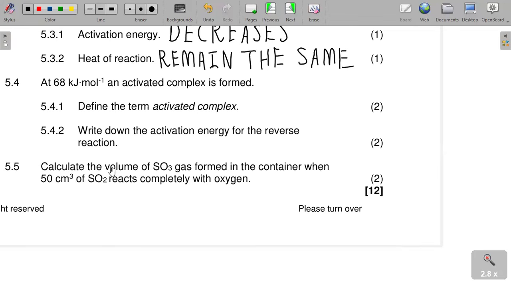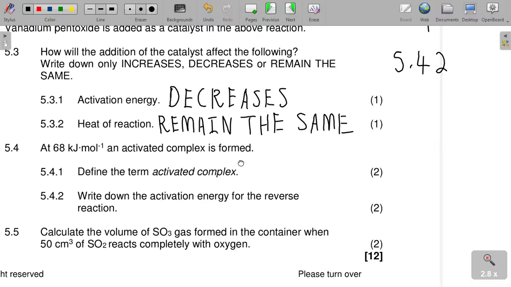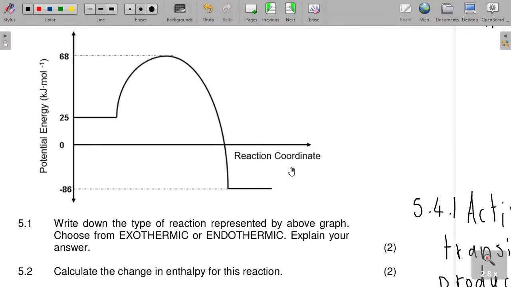For the reverse reaction, the reaction is now going that way, meaning we go from here and we go that way. So the activation energy will be from here all the way up to the top; this will be the Ea if we are looking at the reverse reaction. So we have to do 68 minus negative 86.